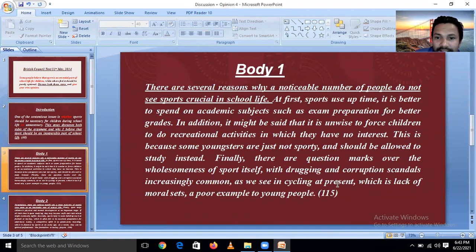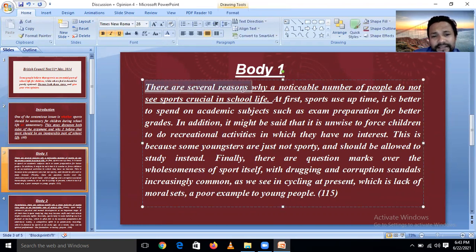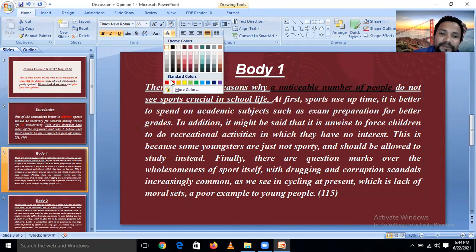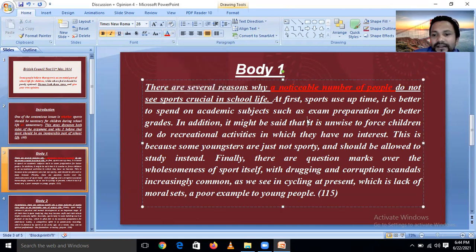Moving on, body one. Look here. There are several reasons, meaning there are more than two reasons here, why a noticeable number of people. Here, a noticeable number of people is paraphrased with some people. A noticeable number of people do not see sports as crucial in school life.